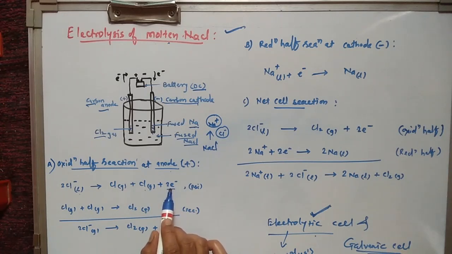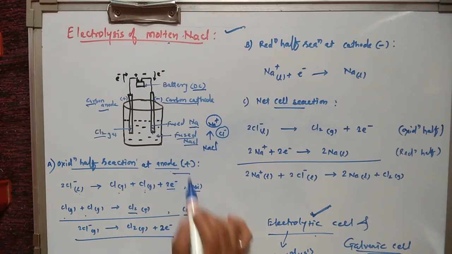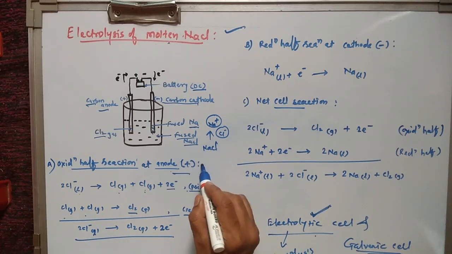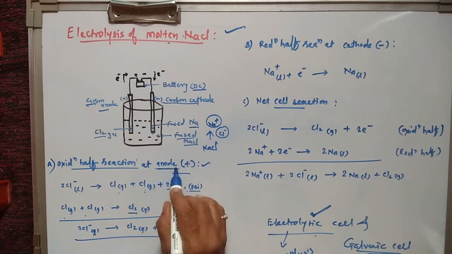Here oxidation takes place, which is a primary process. Now these two chlorine atoms combine to form a chlorine gas, Cl2 molecule, which is a secondary process. The total net process at the anode is 2 Cl minus (liquid) forming Cl2 (gaseous) plus 2 electrons.